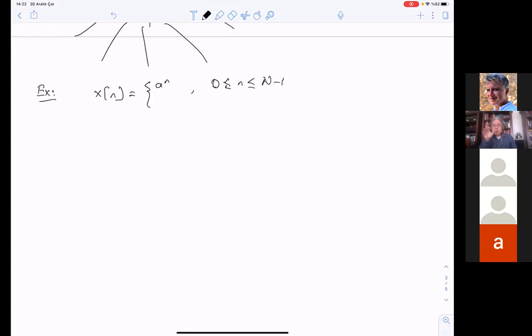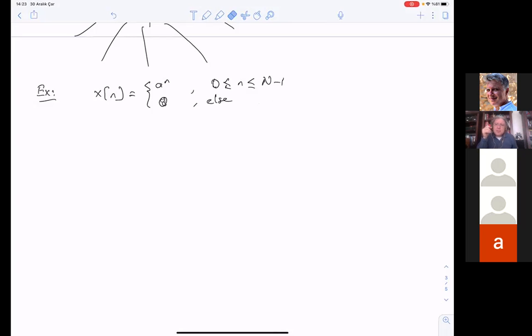So it's a finite support signal with some finite values, and the values are not infinity, and it's equal to 0 else. So it's a finite signal.